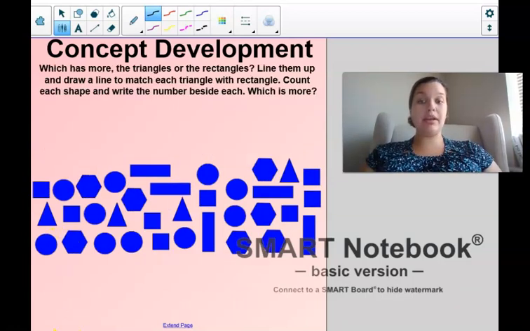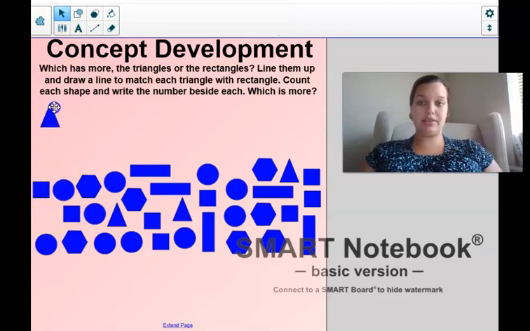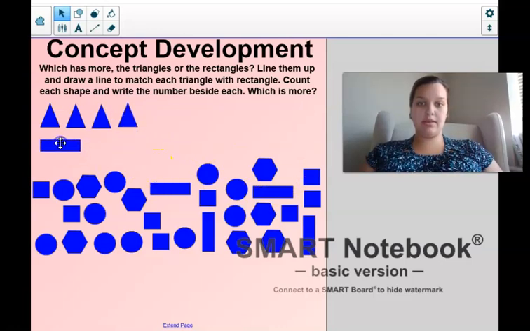Okay, now we're going to do the same thing with the triangles and the rectangles. Okay, we are going to line up those triangles. Now we're going to pull out our rectangles.